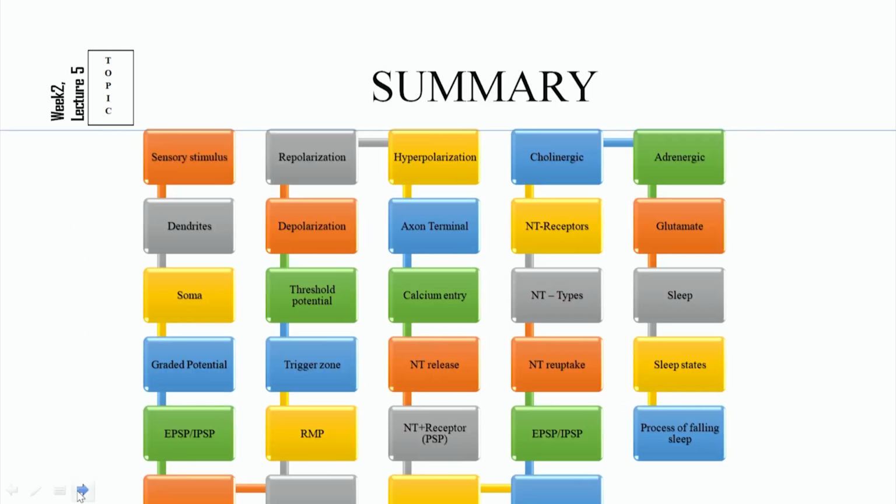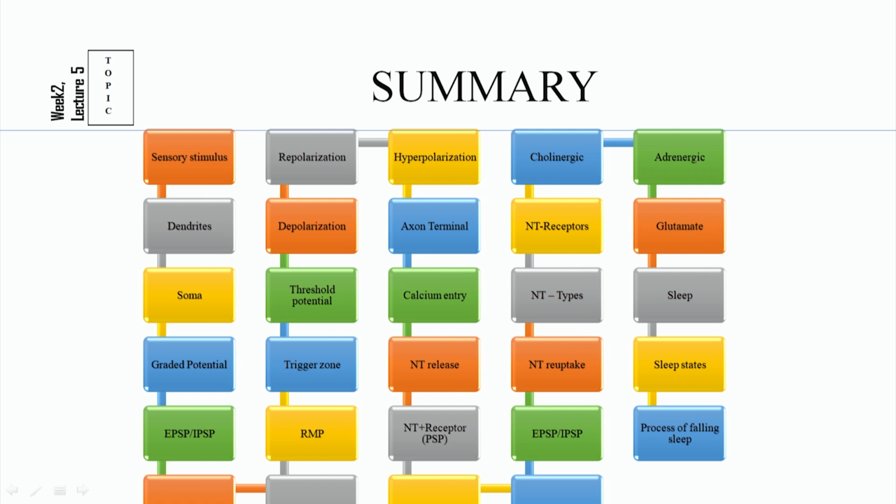So today, if we summarize, we have seen the sensory stimulus, then the dendrites, then the soma, graded potentials, right? And then we have seen how synaptic transmission takes place. Then what are the different types of receptors: the cholinergic receptors, adrenergic receptors, and the neurotransmitters we have seen. Then how neurotransmitter reuptake takes place, excitatory postsynaptic potentials and inhibitory postsynaptic potentials.